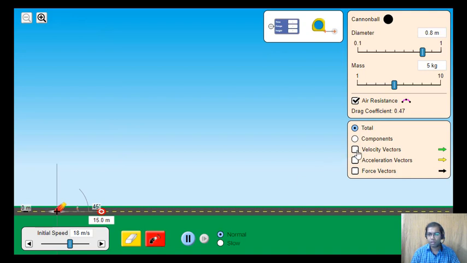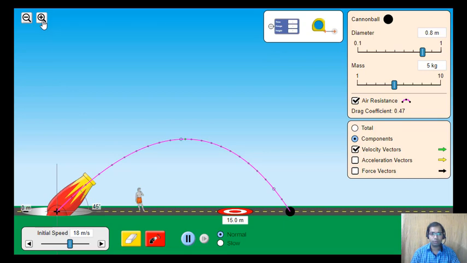So we will just monitor the velocity components here when we launch it. You can see that the horizontal velocity increases. Again, let us see it.